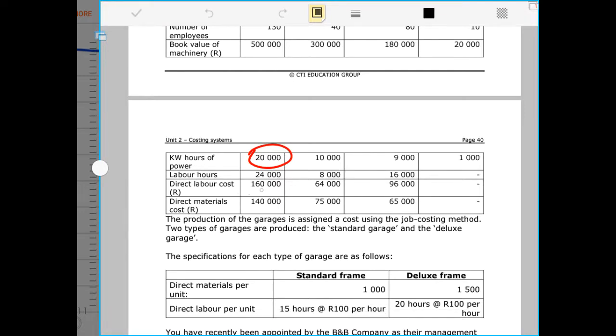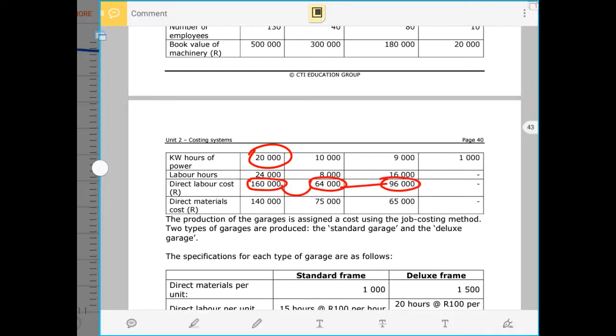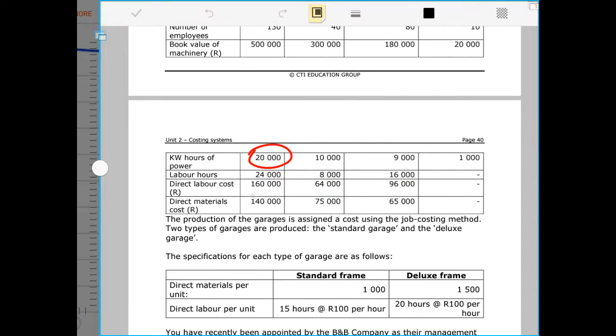Then we have direct labor cost, total 160,000, made out of 64,000 and 96,000. That will give us the total of 160,000 direct labor cost in rands. Then we have direct material cost of 140,000 rands, which is the total of 75,000 rands and 65,000 rands.